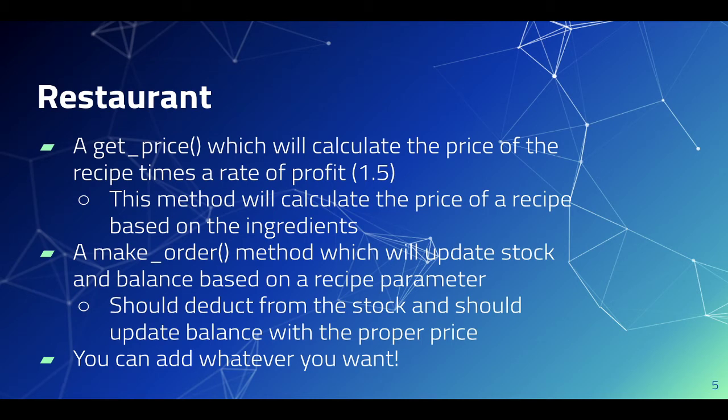You could multiply that by a certain profit rate, but that's up to you. And we should deduct the stock, because we are utilizing our materials, our ingredients, for the recipe. So we deduct the stock and add the price of the recipe to the balance. And then you can add any other functionality you would like.